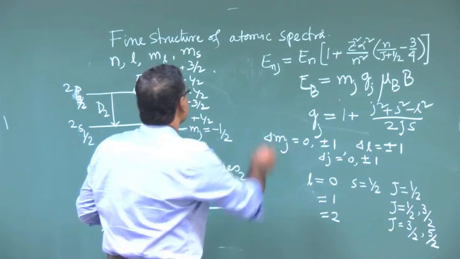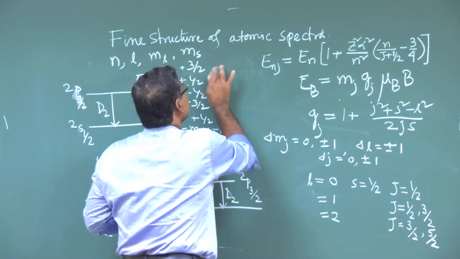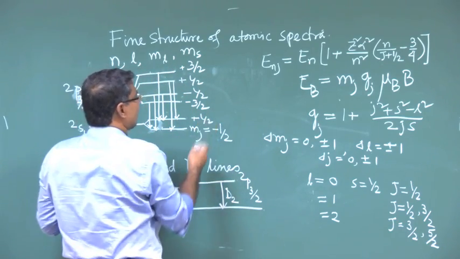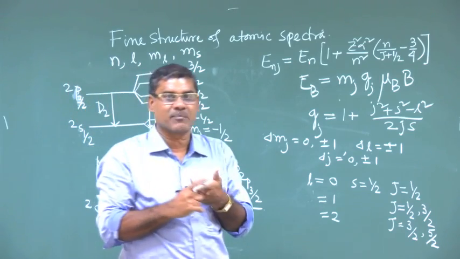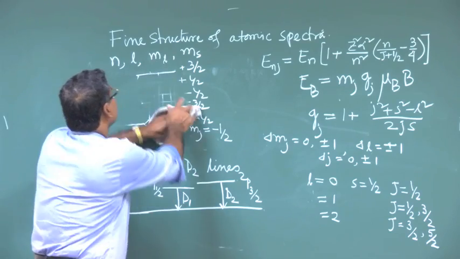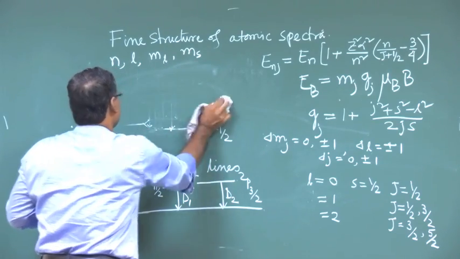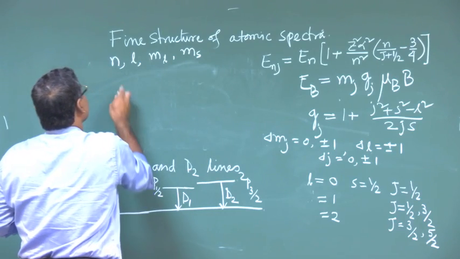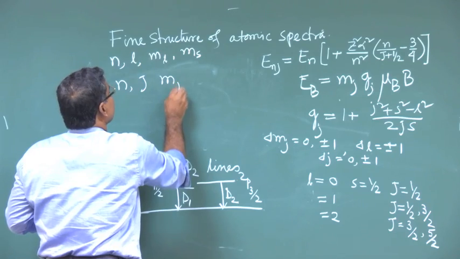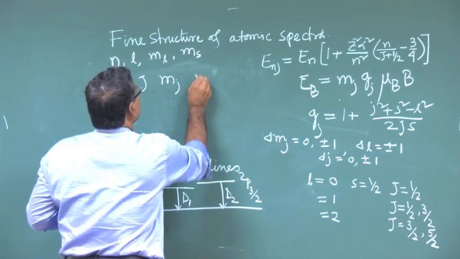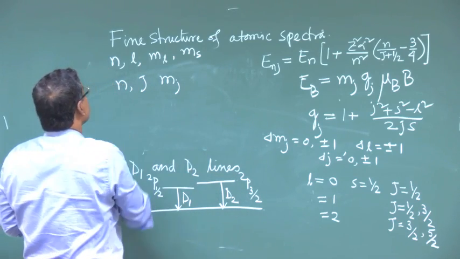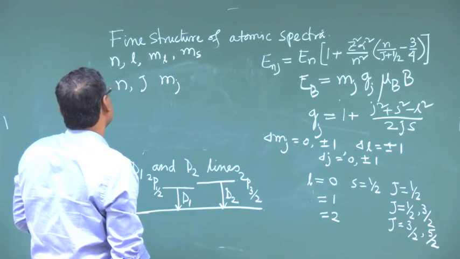And in the case of LS coupling, one has to consider the J value instead of the L value, then that is N, J, Mj, okay, and I think these 3 are sufficient, N, J, Mj value, okay.